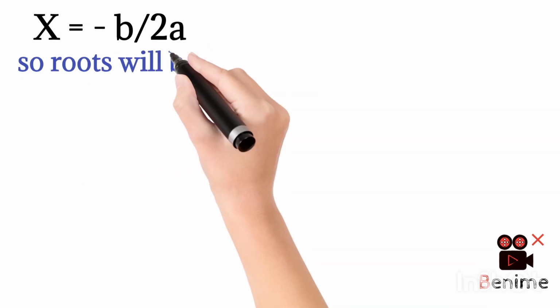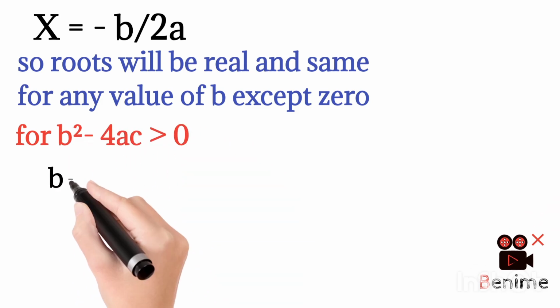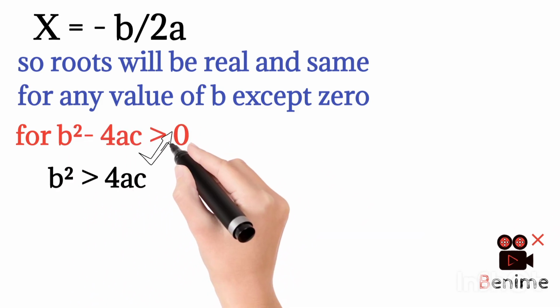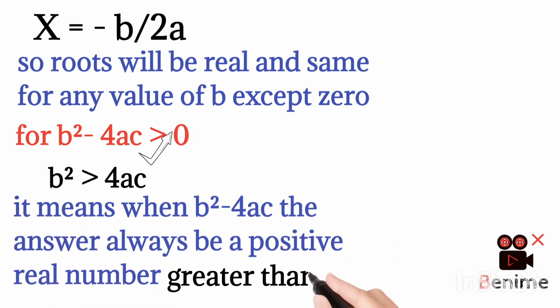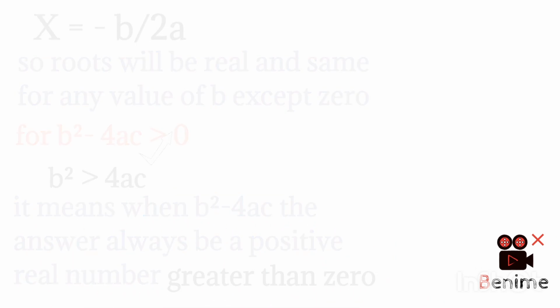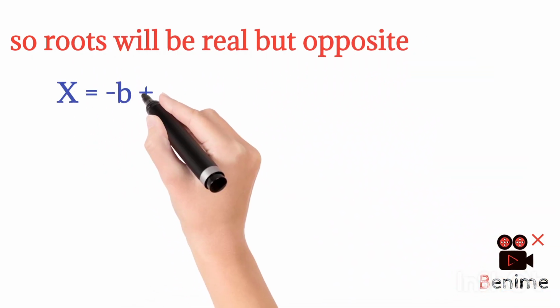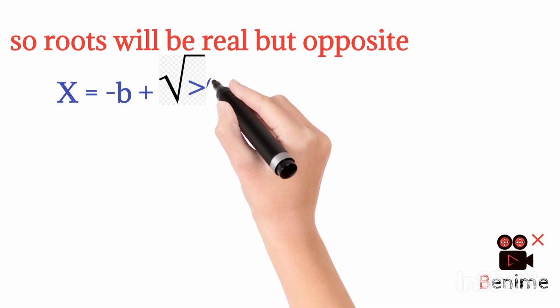And if b² - 4ac is greater than 0, it means that the value of the discriminant will be positive and the roots will be real and different.